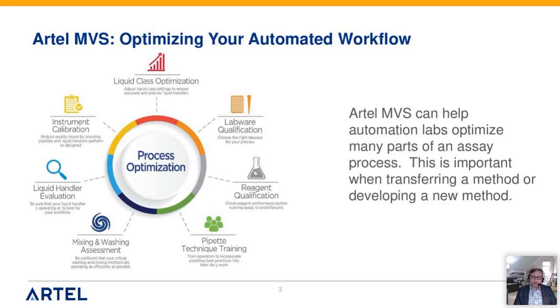And when you think about a workflow, an automated assay workflow, it's really a process. If you take a look at the diagram to the left, we have a number of applications that address various parts of this assay workflow. We've got liquid class optimization for the liquid handler, labware qualification, pipette technique training, mixing, washing, and then again the instrument calibration.